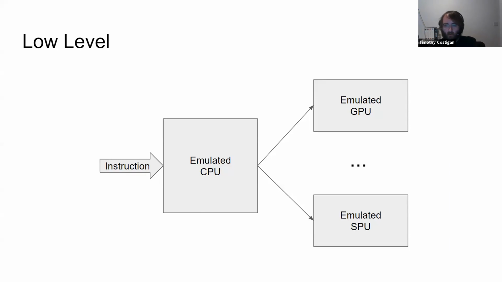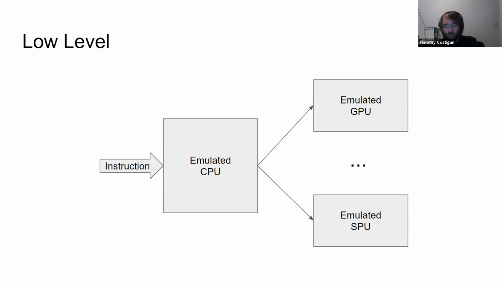But in low-level emulation, you're going to, for example, have to write the GPU yourself and implement all of the polygon filling algorithms and the sprite rendering and all the interpolation systems yourself.